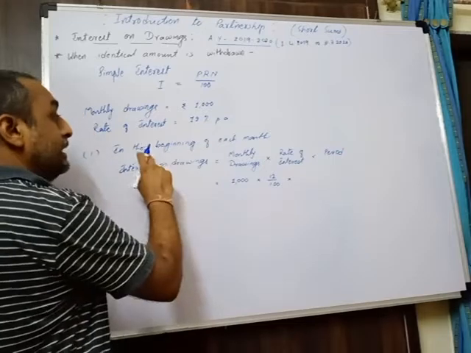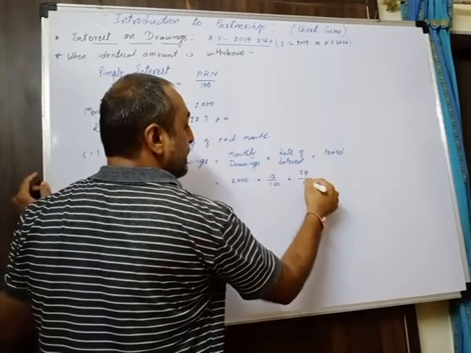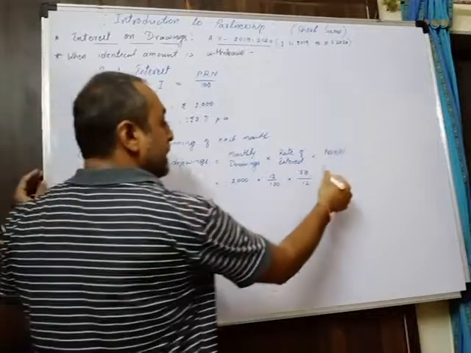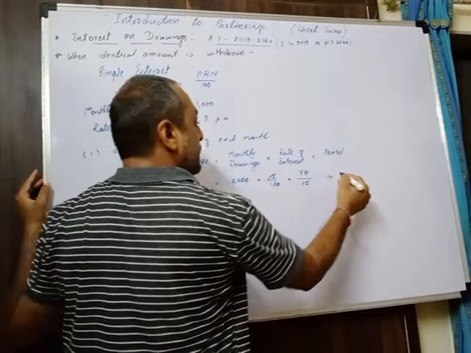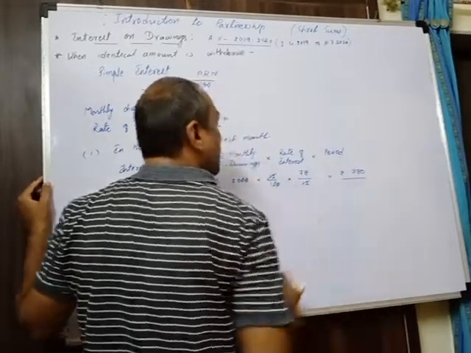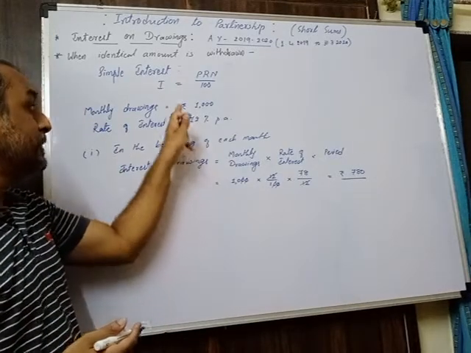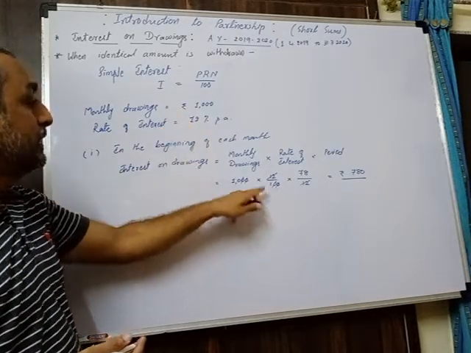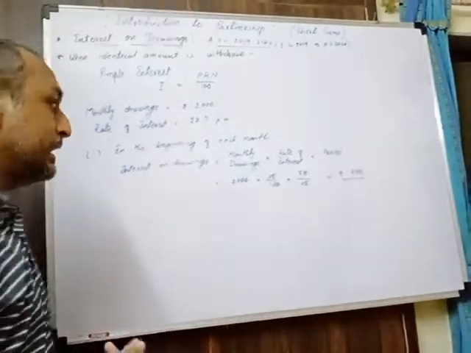When it is in the beginning of each month, the period will be taken as 78 upon 12. Accordingly, 12 and 12 cancel, 0 is cancelled, so it is rupees 780. This is your yearly drawings interest. When 1000 is withdrawn at the beginning of each month, the interest at the rate of 12% for the whole period will be 780.